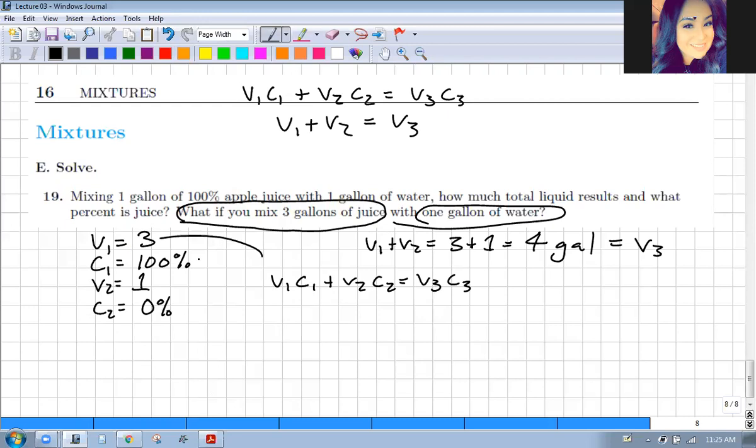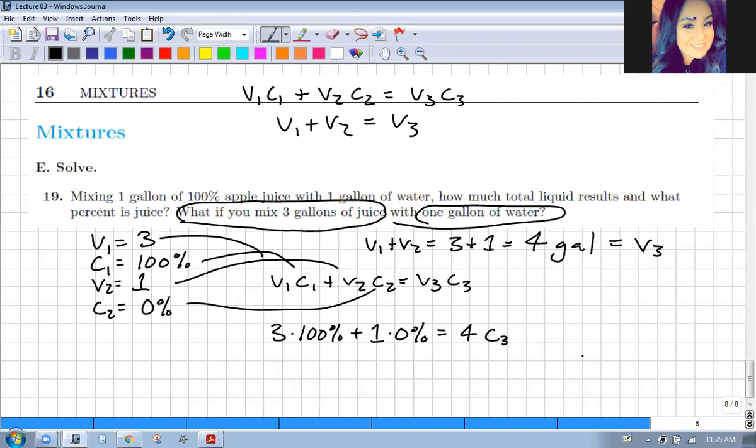We have 3 at 100%. Then we have 1 gallon at 0%. Gives us 4 gallons at an unknown percent.